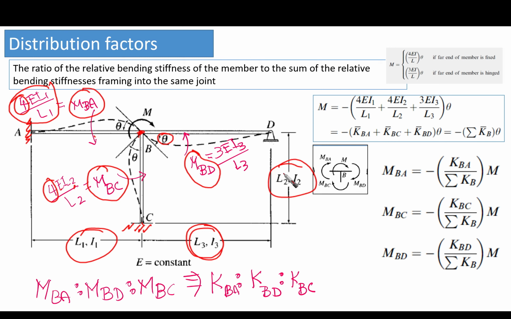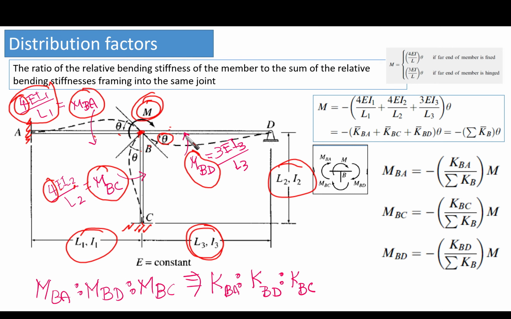Okay, so now what is the meaning of distribution factor at the end? What should I say here? If you understand what I'm saying here, implicitly you have understood the meaning of distribution factor. The point is, this moment is going to be distributed among the 3 members.